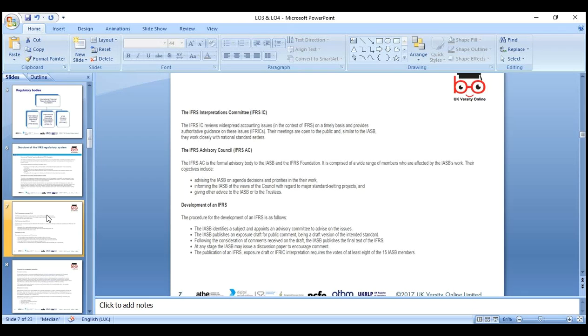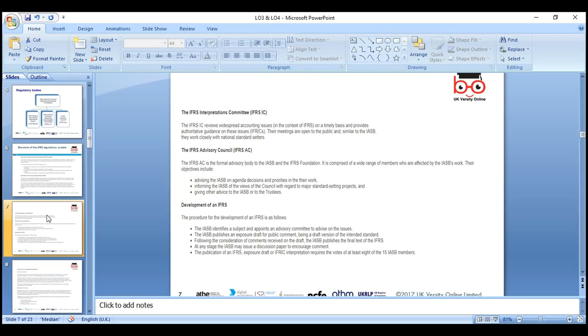Development of an International Financial Reporting Standard: the International Accounting Standards Board identifies the subject and appoints an advisory committee to advise on issues.